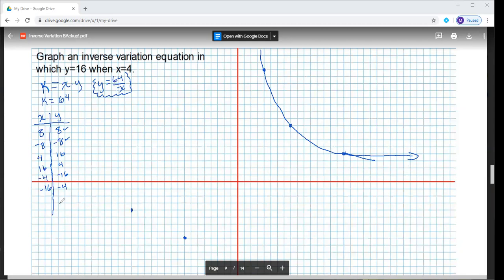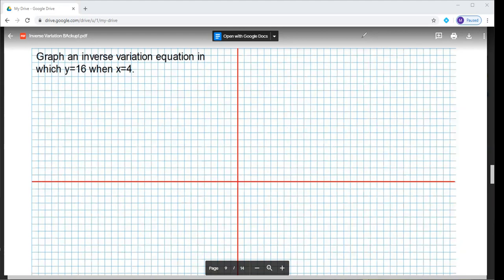So you can kind of get the gist that this is also going to go here. It's going to curve down and go off into the distance. I didn't really leave myself enough room, but you can see our hyperbola forming up. Okay, it's not too bad. Factors of k, x and y, positive and negative. Graph a few points, rock and roll.